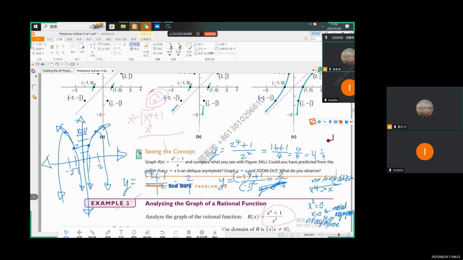Well, I can try the easy numbers though. Can I? Negative 1, okay, positive 1? Sure. Yeah, -1, +1. And there is no x-intercept, right?